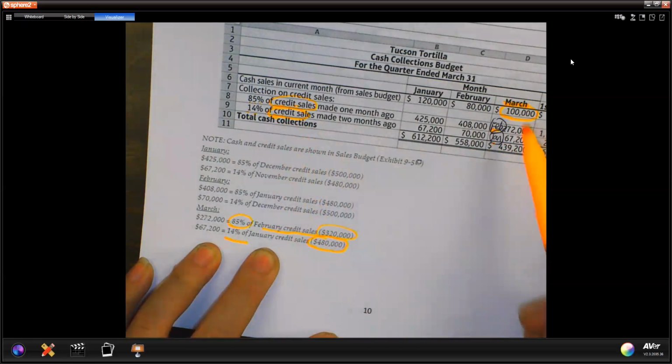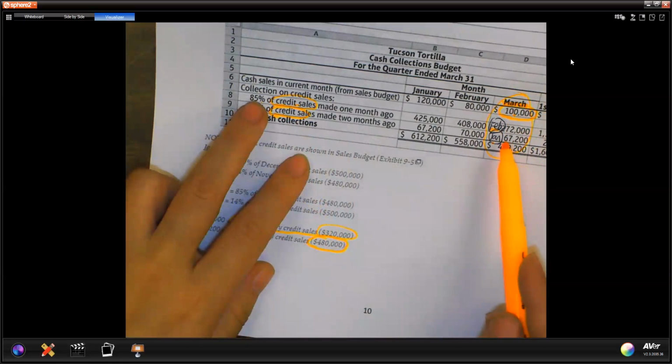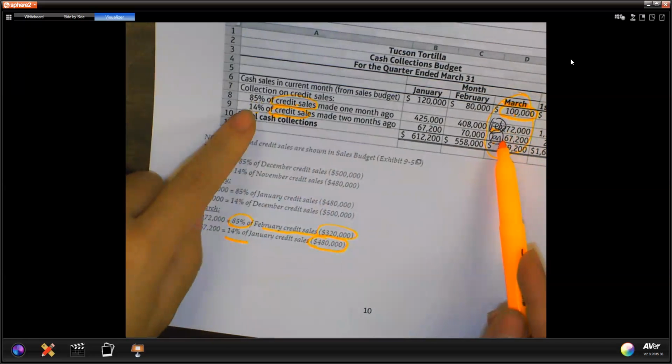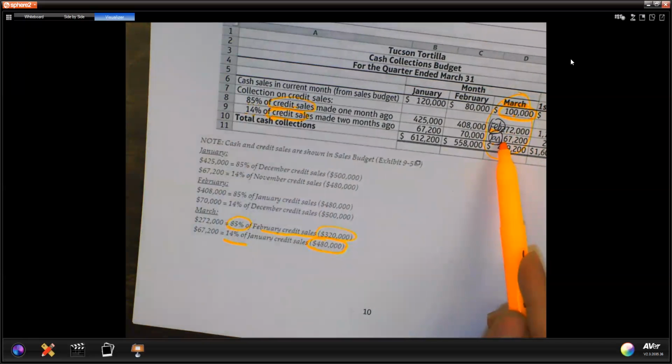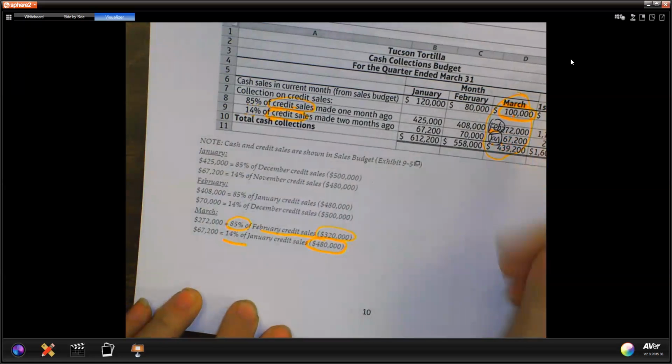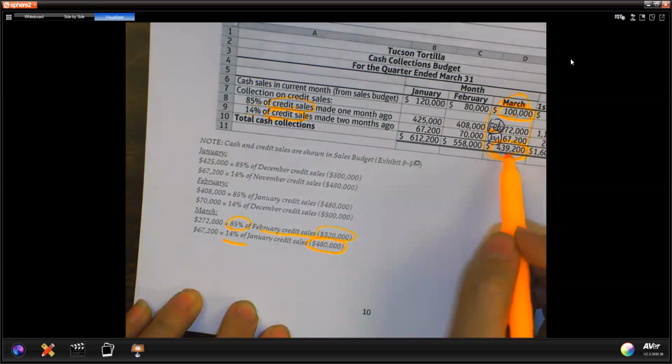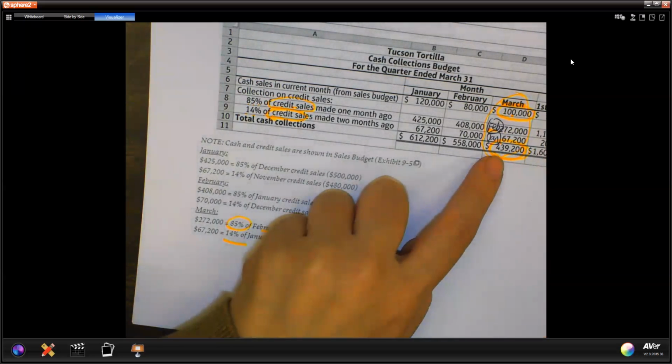So your total March cash collection is 20% of your March sales, 85% of February credit sales, and 14% of January credit sales. That comes to 439,200. That is your cash collection.